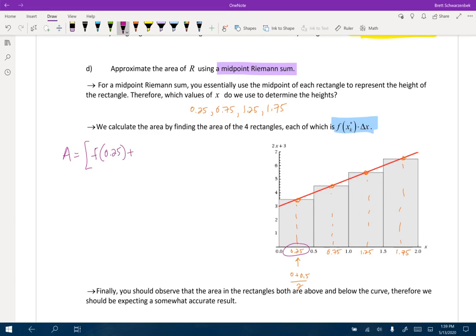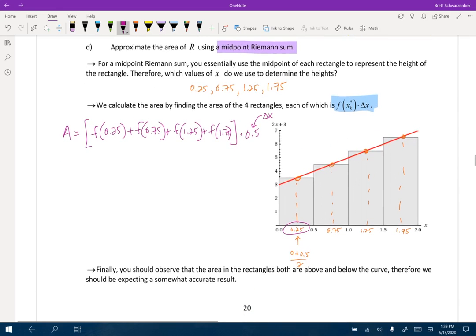We're going to move through every other value, and multiply again by 0.5, because that's the change of x that has not changed. Alright, so hopefully by now you're pretty clear that you're doing 2 times 0.25 plus 3 and so forth.